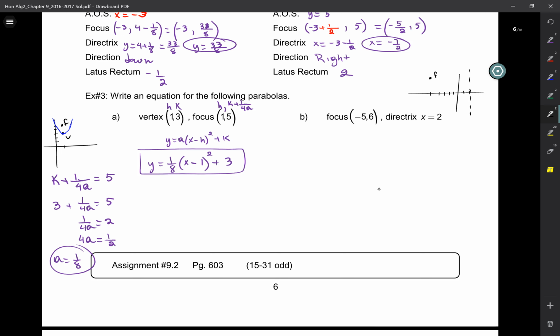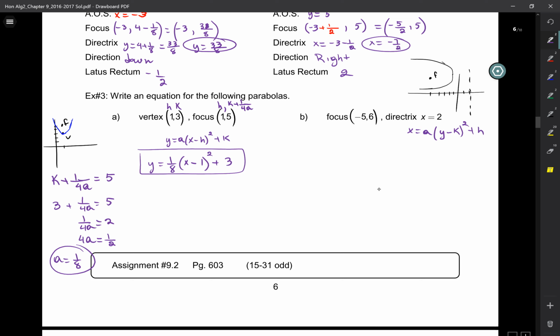Up, down, right, left? It faces left. Okay? So that means it's going to be, first of all, x equals a(y minus k) squared plus h.